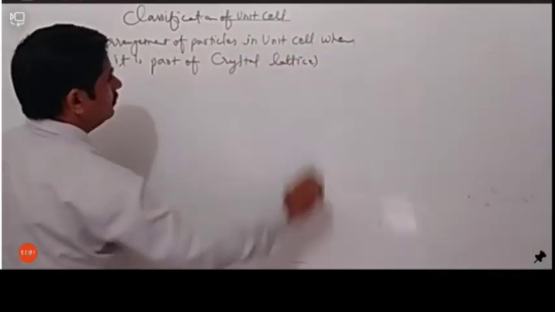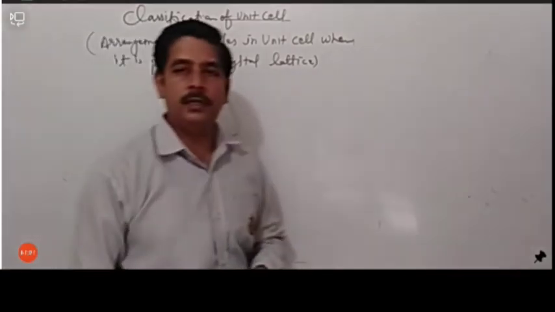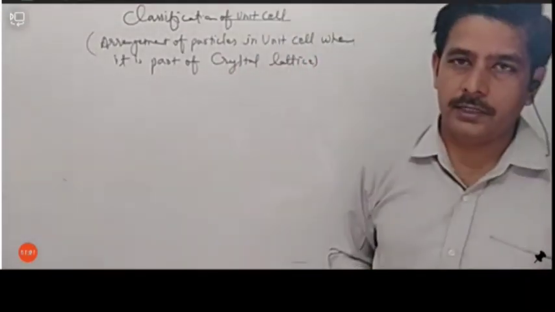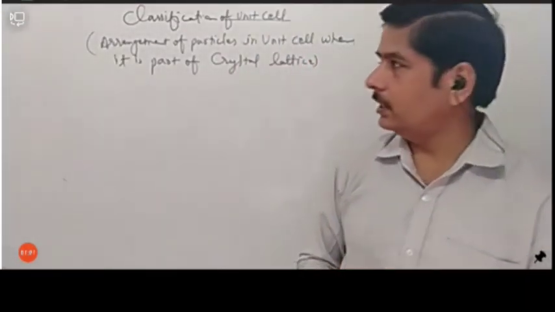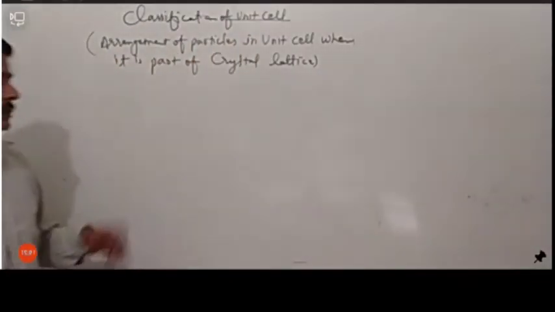And the previous one was the example when the unit cell is not part of a crystal lattice, it is isolated. Now we are studying when it is part of a crystal lattice.